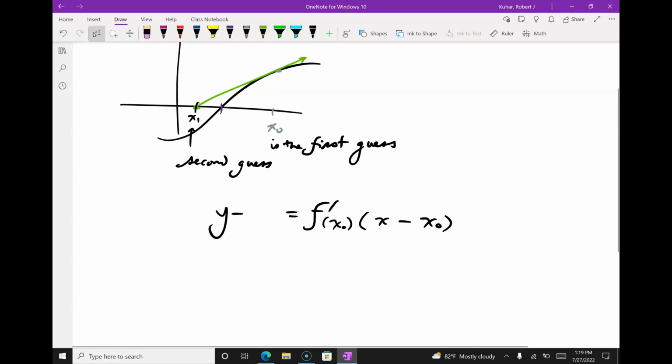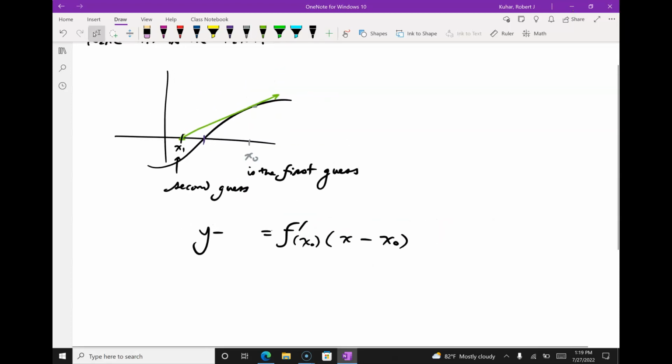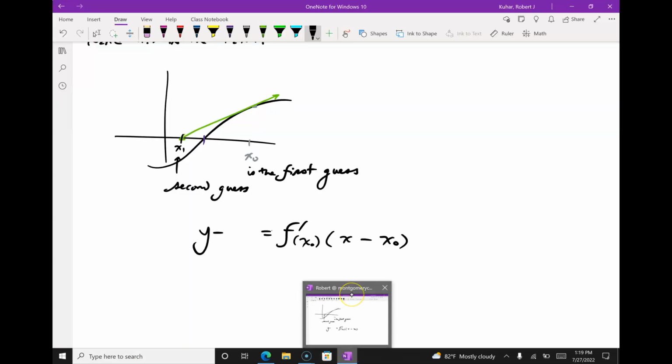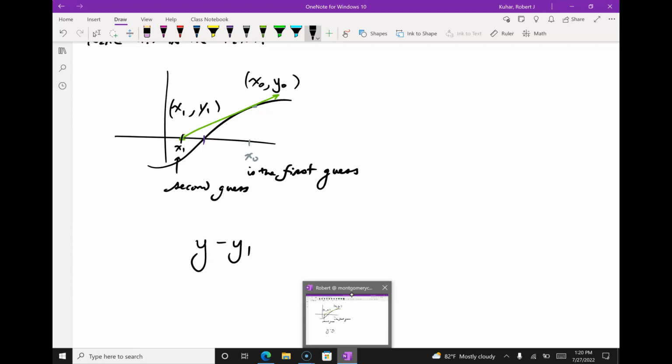Let me do it this way. Let me call this point x initial, y initial, right? And this one x1, y1. That'll make it a little bit easier. So y minus y1 equals m times x minus x1, right? And the x initial and y initial are now just written as x and y.